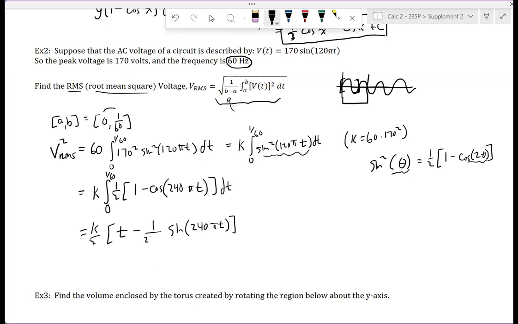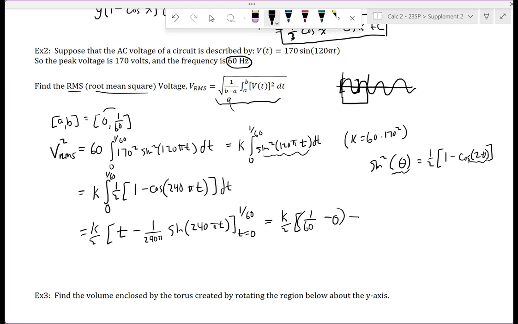So I need a 1 over 240 pi. And here t is going from 0 to 1/60th. So we get k over 2 times 1/60th minus 0 from the contribution from t.